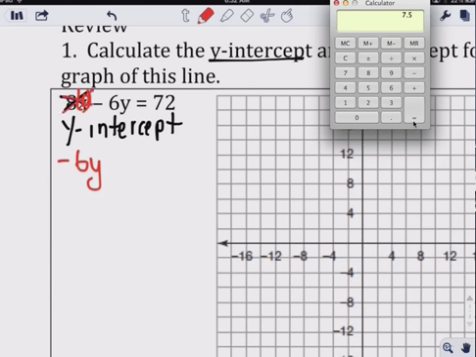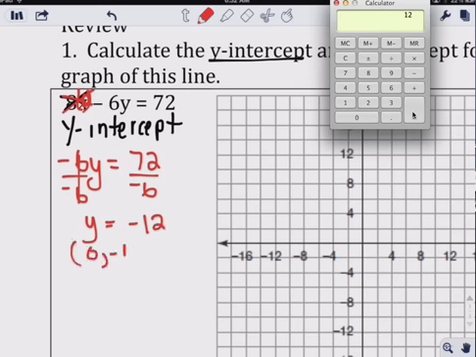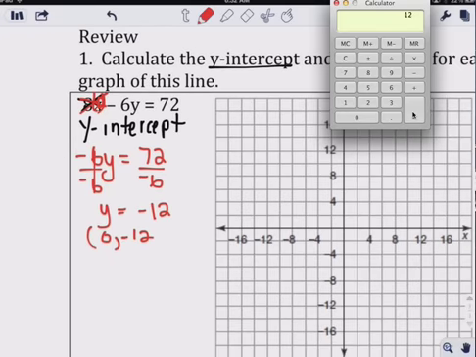So 0 minus 6y is negative 6y equals 72. Divide by negative 6. Y is negative 12, if you don't know how to divide, get a calculator that's faster than mine. So the y-intercept is 0, negative 12, which is right there.